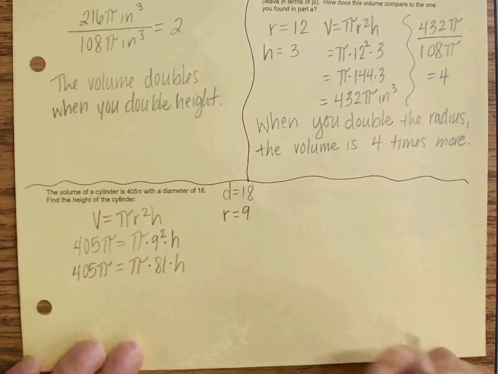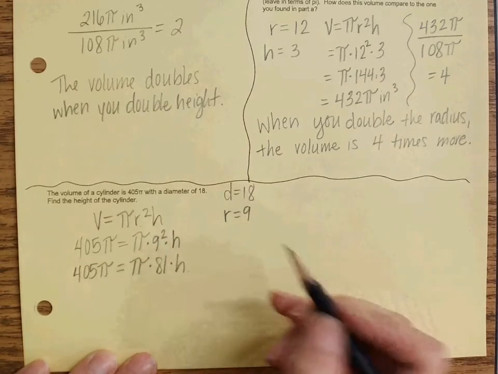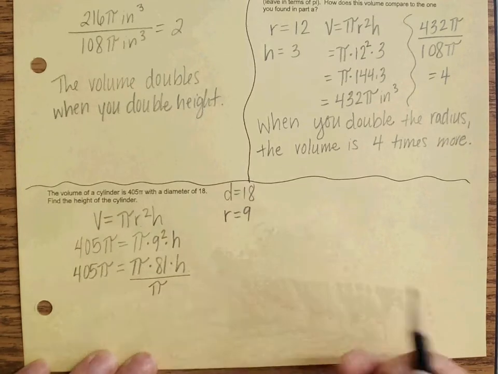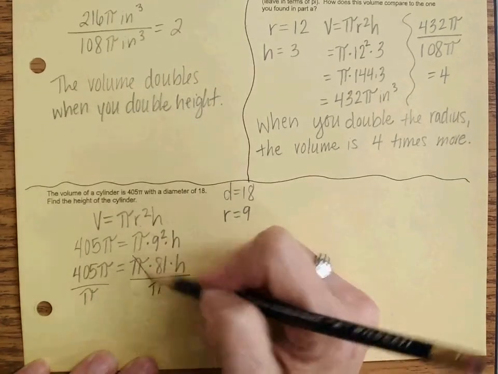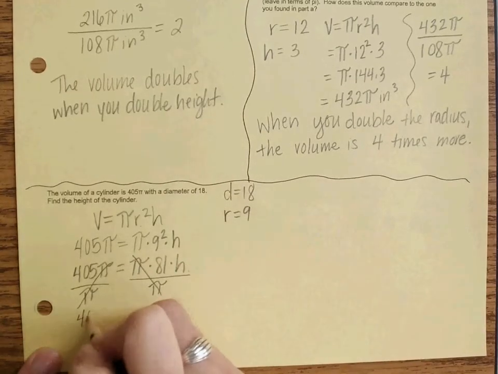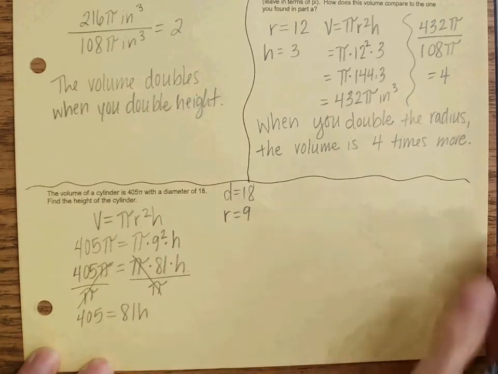And now I can start getting h by itself. The first thing I'm going to do to get h by itself is divide by pi. If I divide by pi on one side, I'm going to divide by pi on the other. Notice pi divide out. I have 405 is equal to 81h.